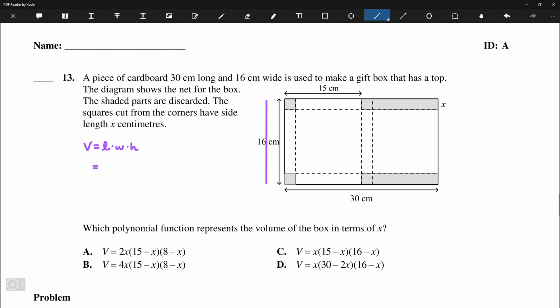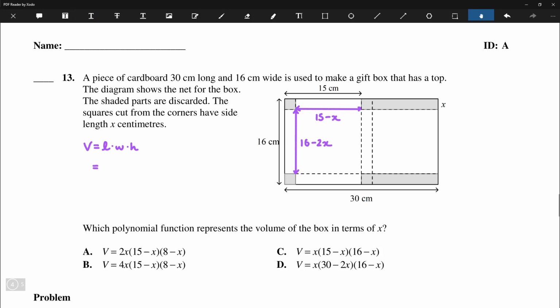If we just look at this side, which will be either the length or the width of the box, this side here will be 16 minus 2x. And then a second side, this side here, would be 15 minus x.